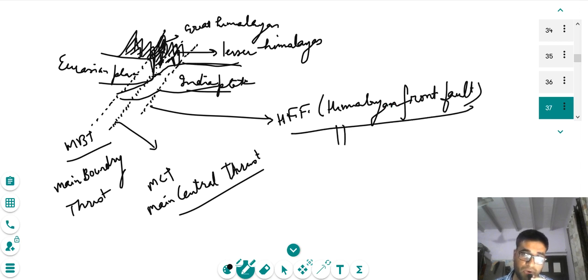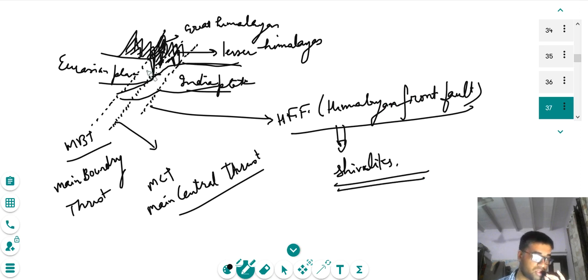Along the Himalayan Frontal Fault, there was upliftment of the Siwaliks. So this was the procedure in the upliftment of the different ranges of the Himalayas.